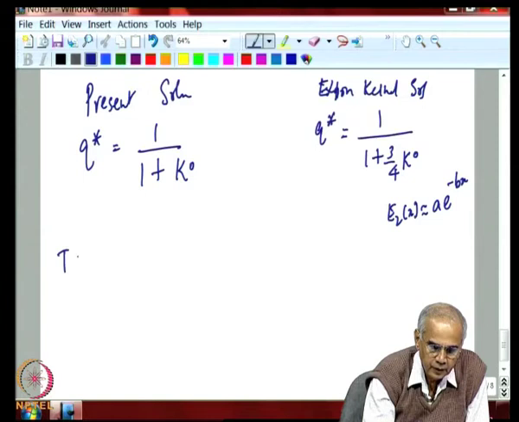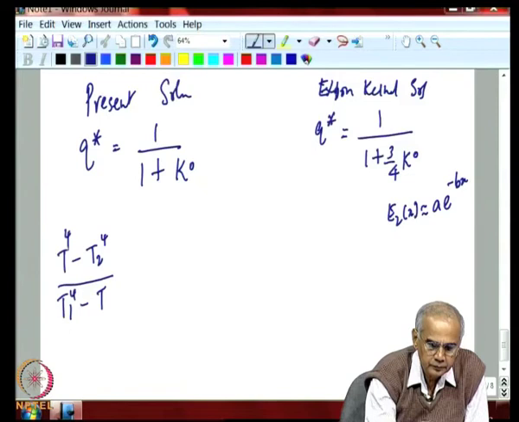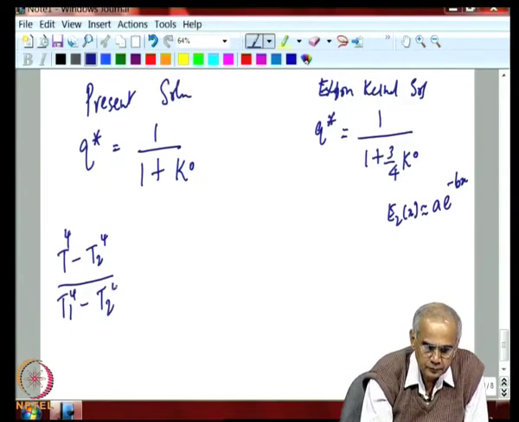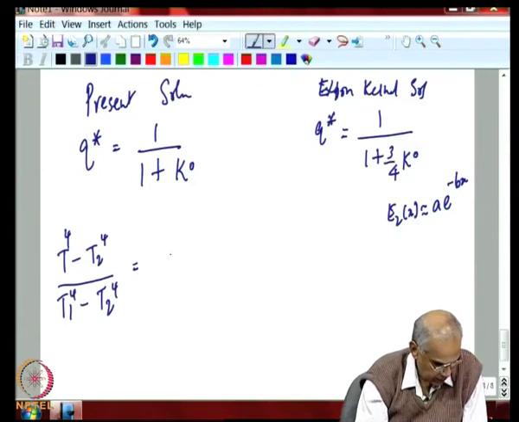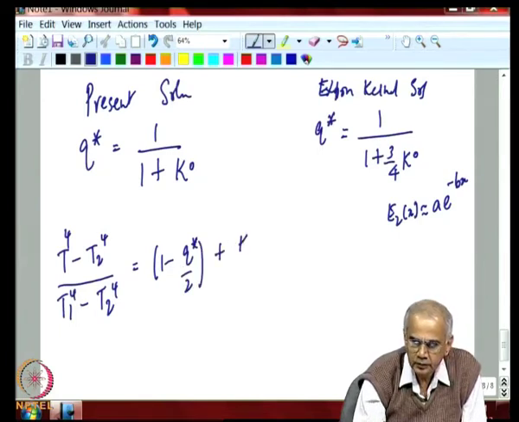temperature. Temperature is T by T to the power of 4 by, here you will get, after substituting this quantity, as 1 minus q star by 2 plus k by 1 plus kappa 0.